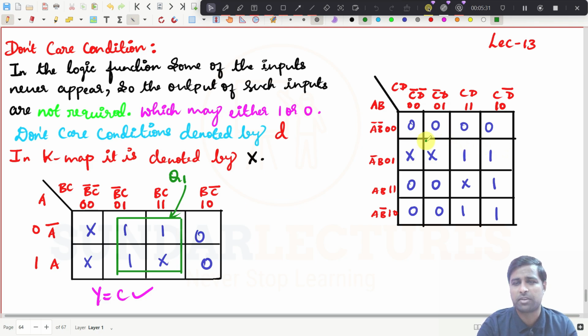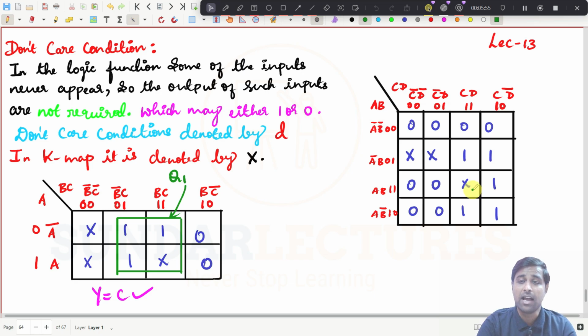There is no octet possibility. First of all, there is no octet possibility, right? If there is 1 1, then I have gone for octet, but there is no octet possibility. So if I consider these two x's as 1, then I can consider this as a quad, no problem. But what I can do here, I can also take this x to be 1, so that I can make this another quad. That is one way of doing.